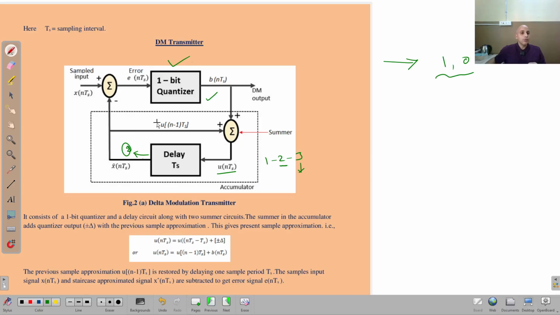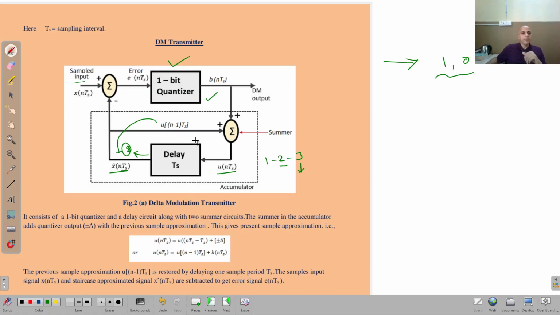Now this u((n-1)Ts) is called x bar nTs, and it is sent back to the summing amplifier again. Then it is mixed with the output coming from the quantizer, and this again creates u(nTs). It is done in order to make a very near approximation of the input signal, so that the input signal is properly encoded. This is the reason behind it.